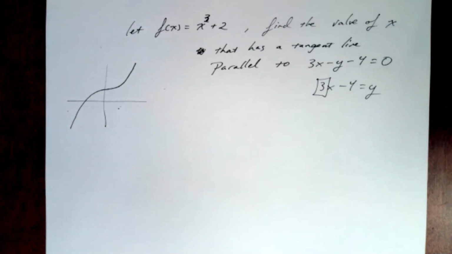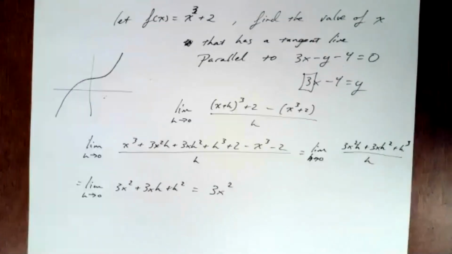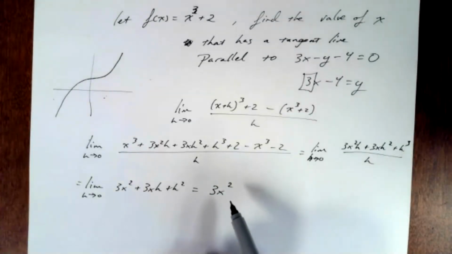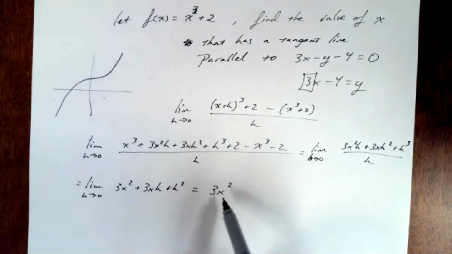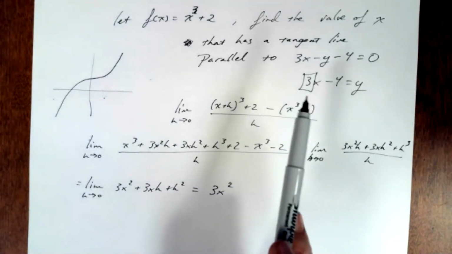You think you can do that? Give it a try. All right, so that's the derivative, and this is the slope. Okay, and the question is when is the slope 3?